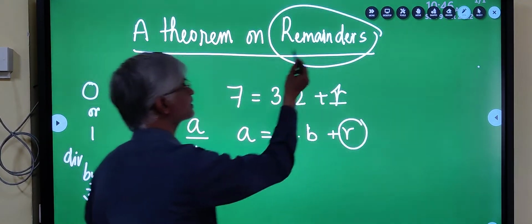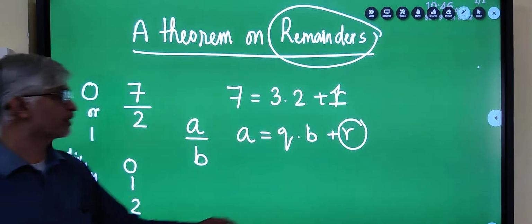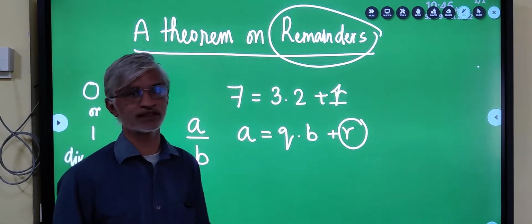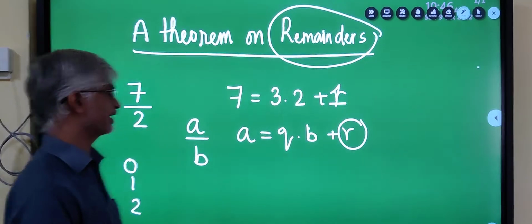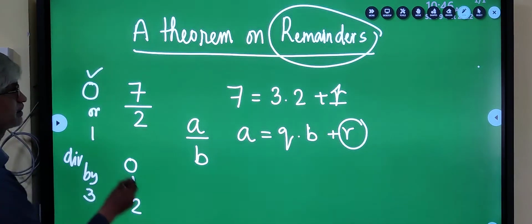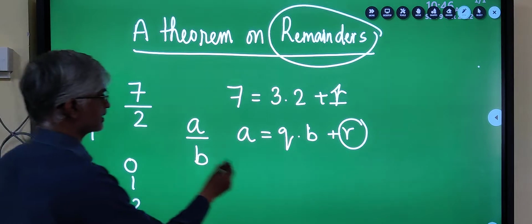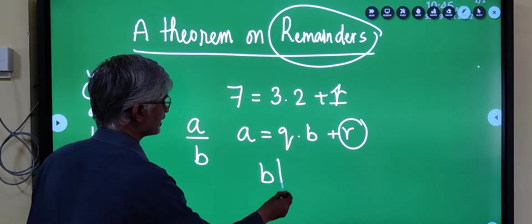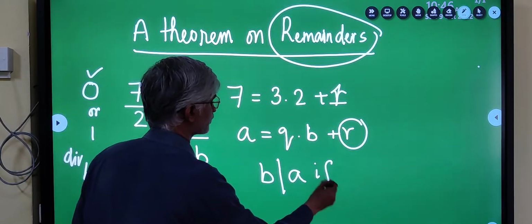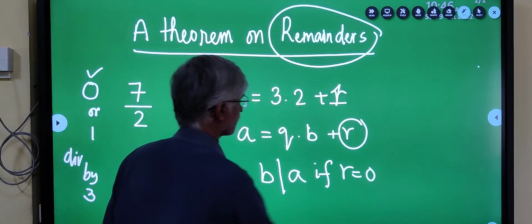And this is a theorem that tells us about one way of computing remainders very easily. Now it is very obvious that if the remainder is 0, then definitely we can say that B divides A.